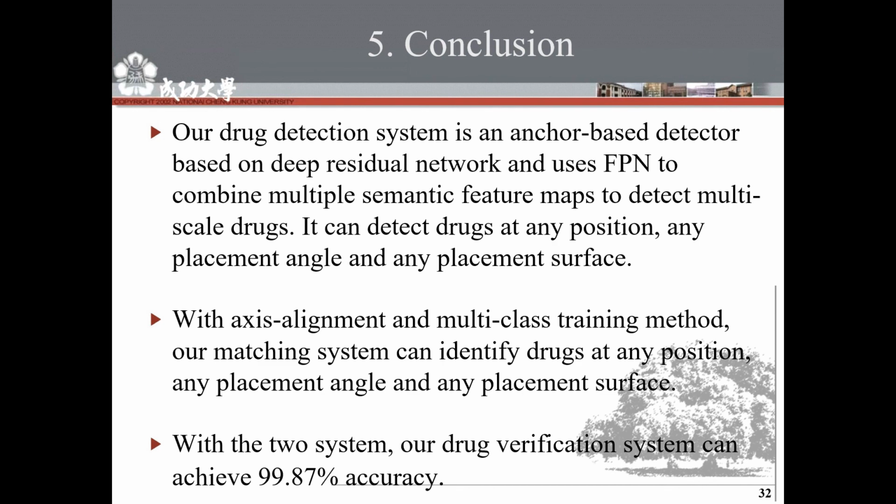With axis alignment and a multi-class training method, our matching system can identify drugs at any position, any placement angle, and other conditions. With the two systems, our drug verification system can achieve 99% accuracy.